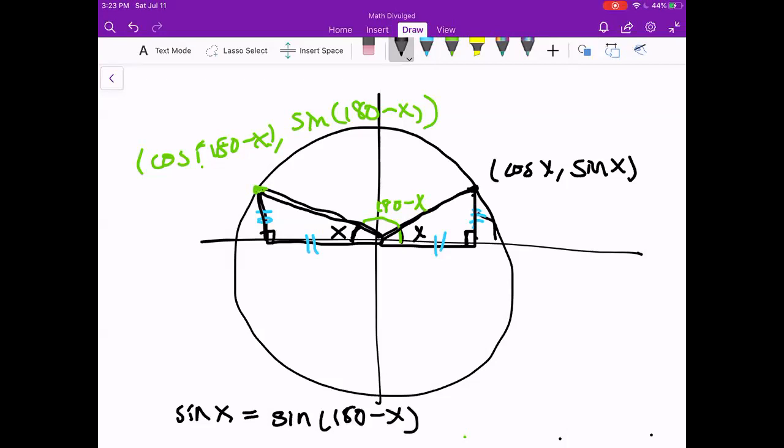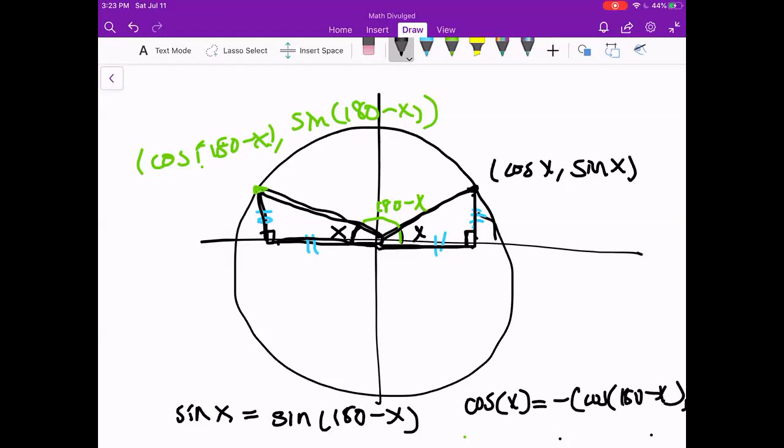And also, if we notice that this length going in the positive x direction is equal to this length going in the negative x direction, then that means that cosine of x is equal to negative cosine of 180 minus x.